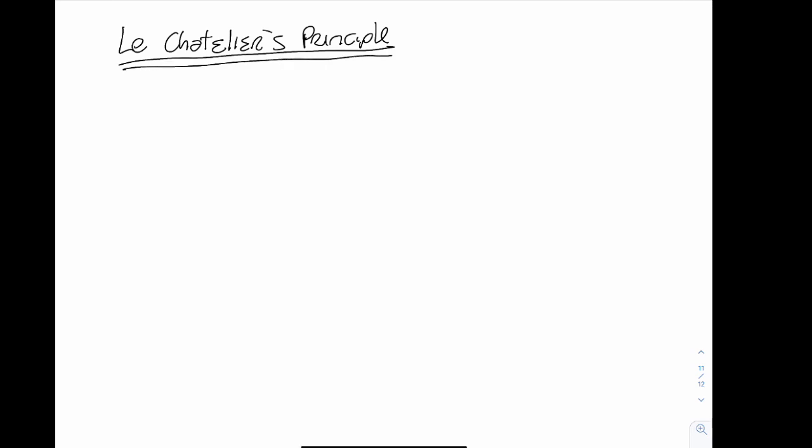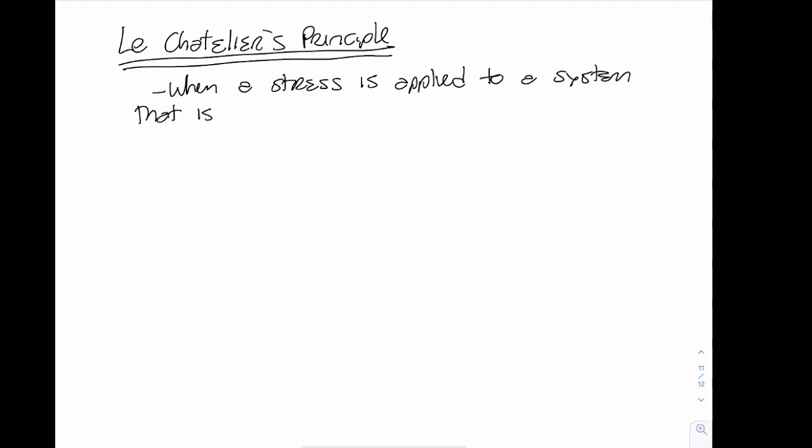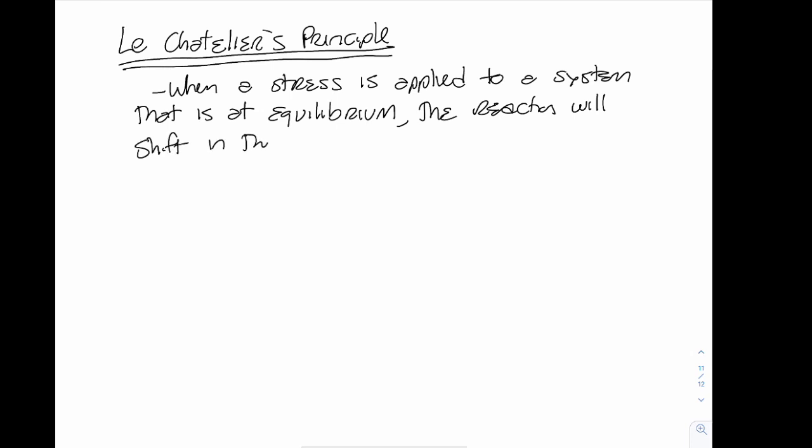It tells us that when a stress, and we'll talk about different things that stress can be, is applied to a system that is at equilibrium, the reaction will shift in the direction that relieves that stress.